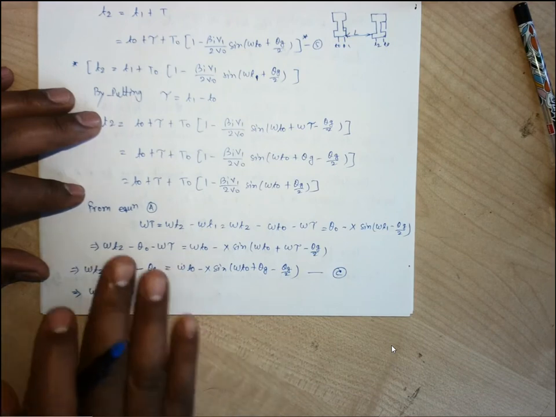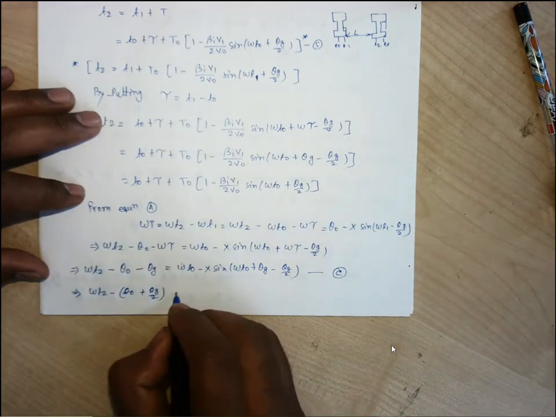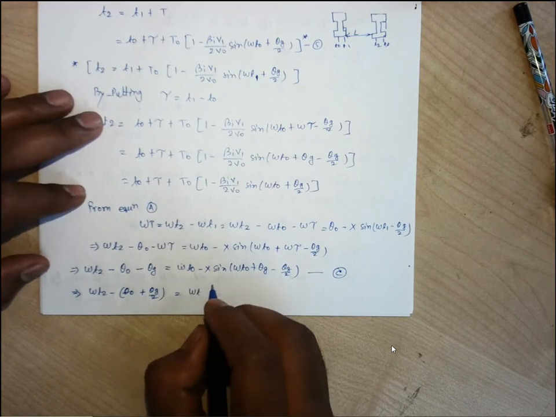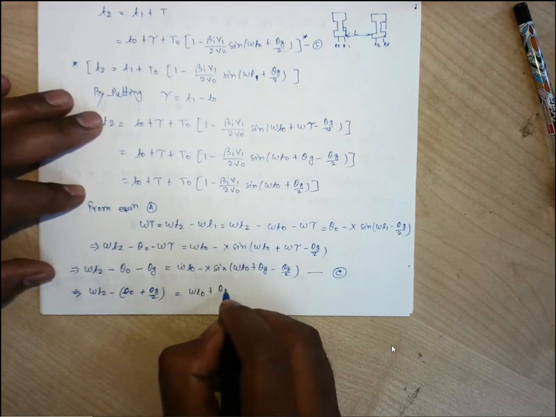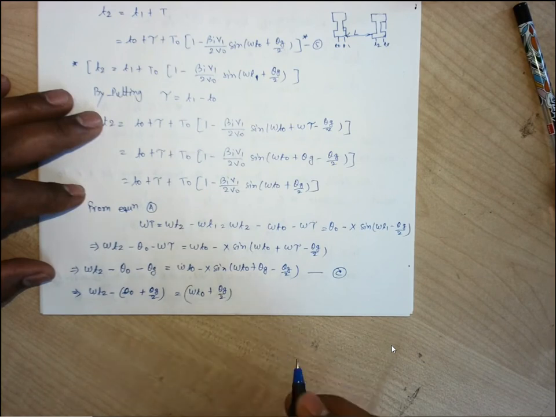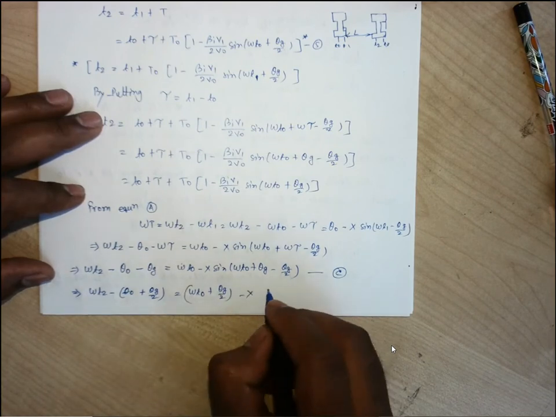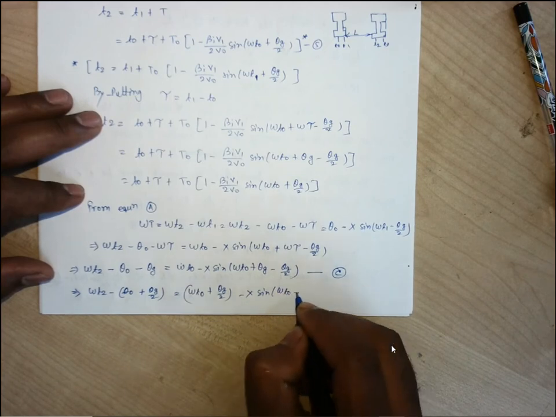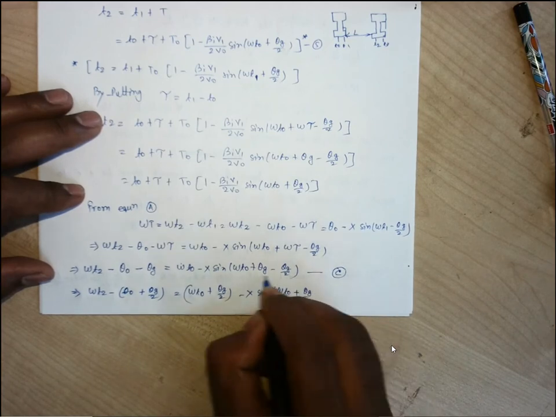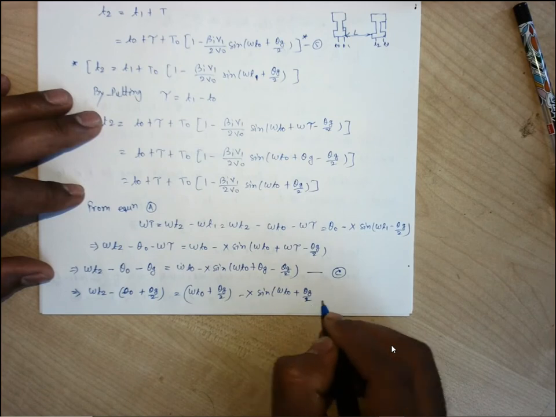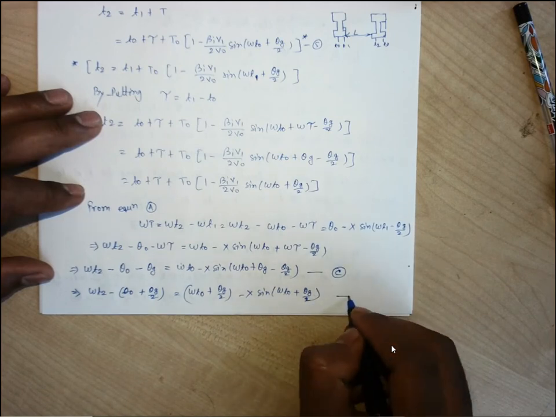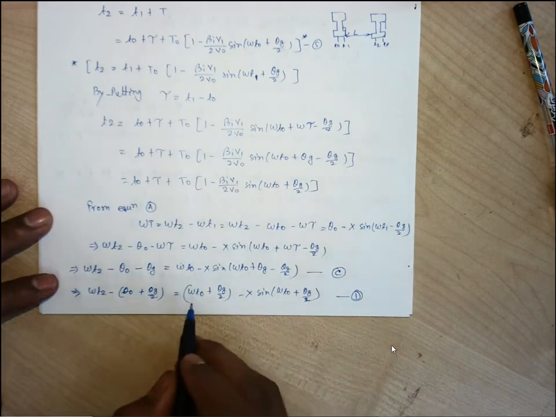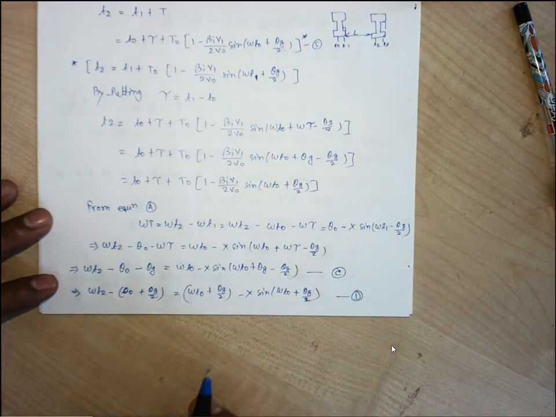If you take out half theta on the right-hand side, that will be omega t naught plus theta g by 2 minus x sine omega t naught plus theta g by 2. This will be equation number D. So what is this omega t naught plus theta g by 2?